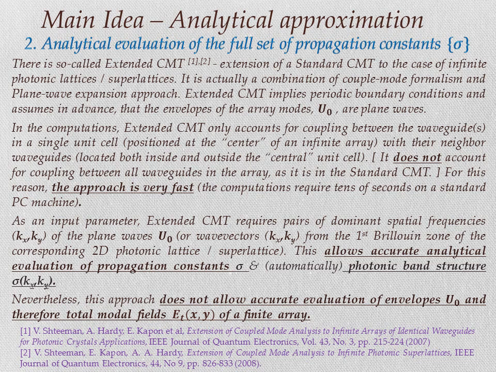This allows accurate analytical evaluation of propagation constant sigma and automatically the photonic band structure sigma versus kx and ky. Nevertheless, this approach does not allow accurate evaluation of envelopes U0 and therefore total fields of an infinite photonic array.